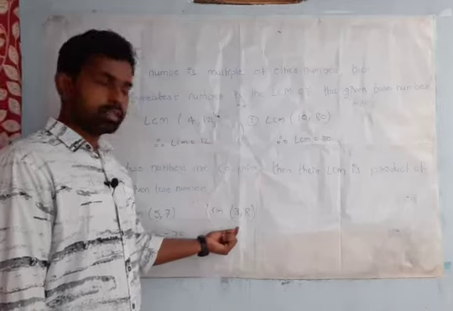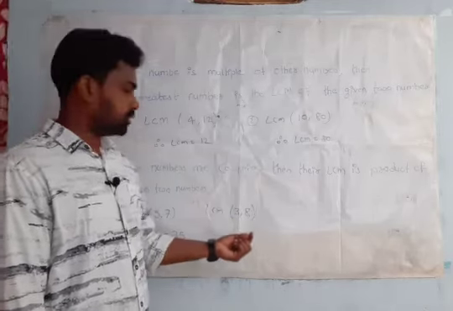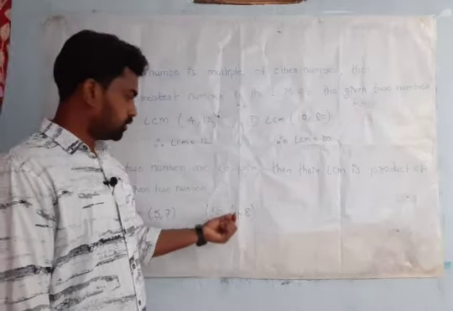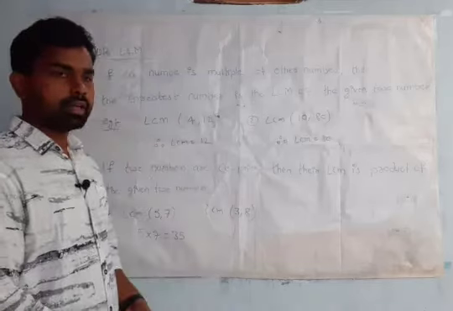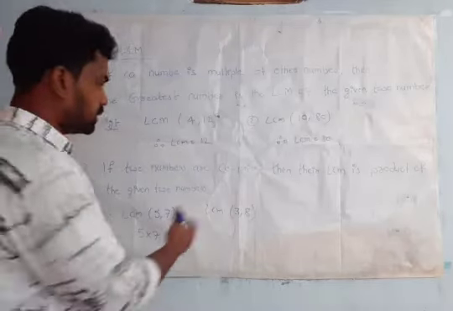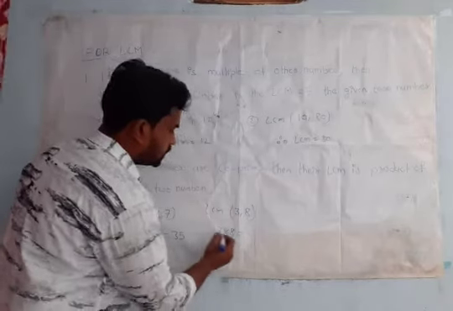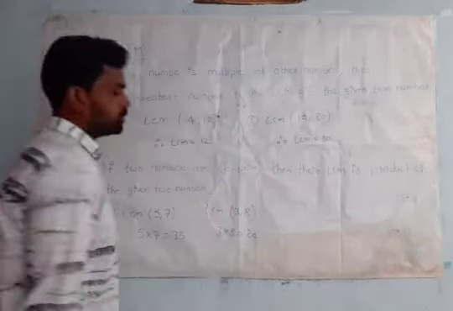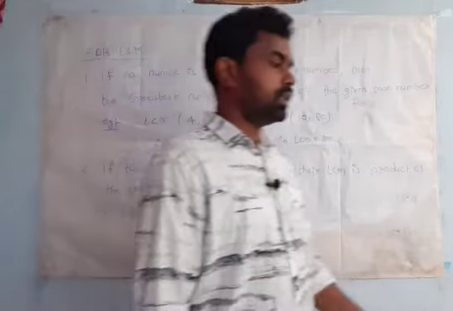Factors of 3: 1 comma 3, and factors of 8: 1, 2, 4, 8. If we take the common factors, we are getting only one as a common factor. Then we can say these are co-prime, so we can say directly 3 8s are 24. LCM is 24. Like this, we can find the LCM for the numbers.